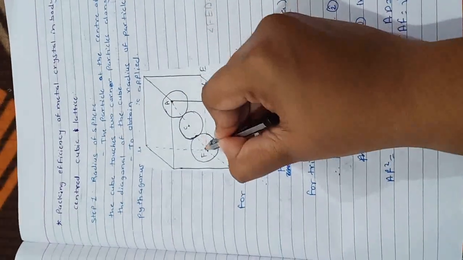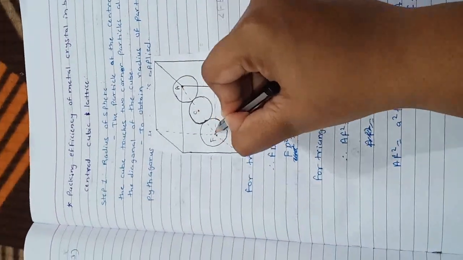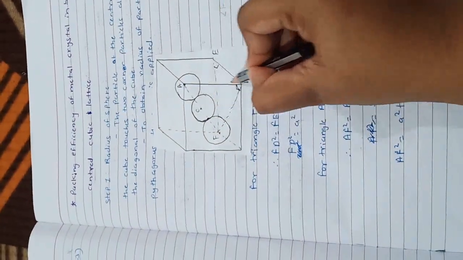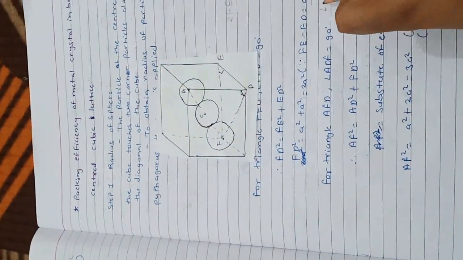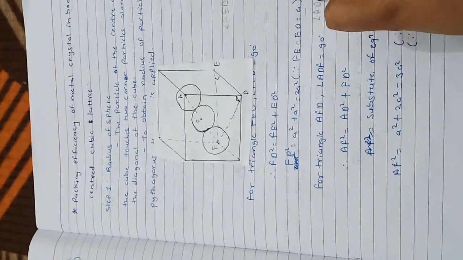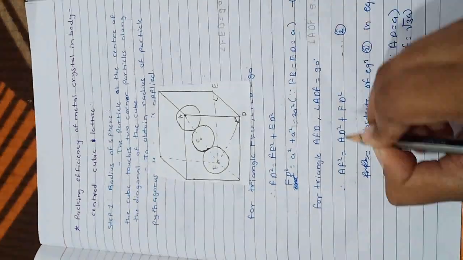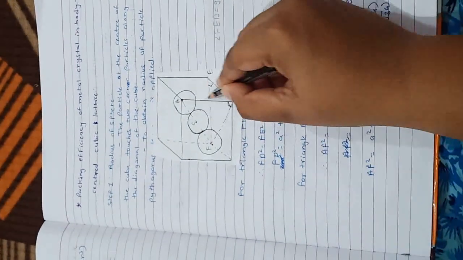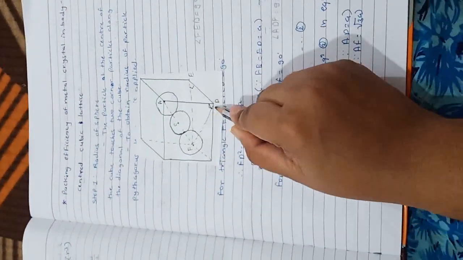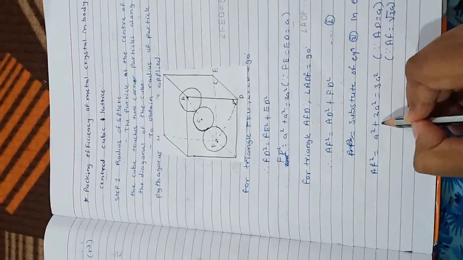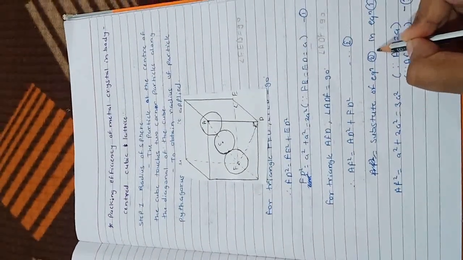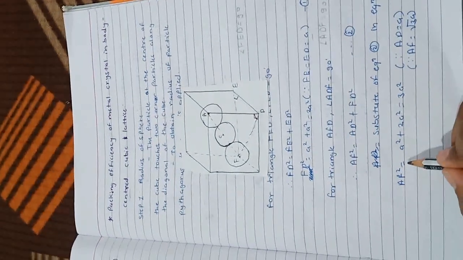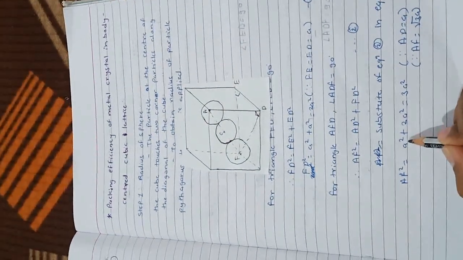For triangle AFD, angle ADF equals 90 degrees. So AF square equals AD square plus FD square. Equation 2. Substitute equation 2 in equation 1.